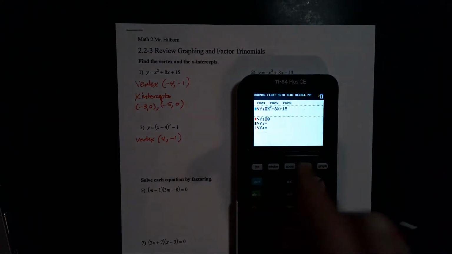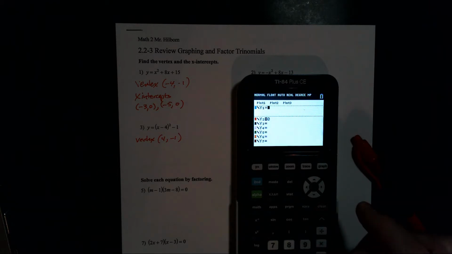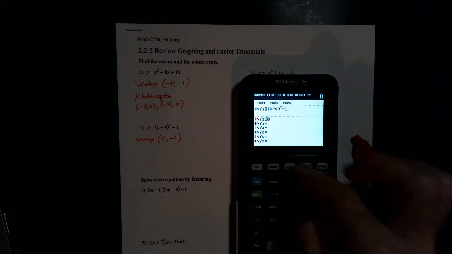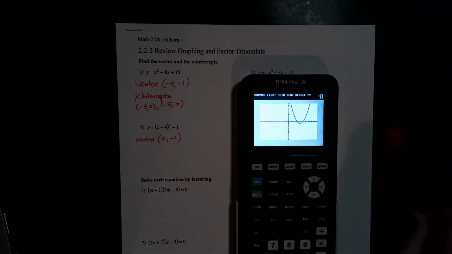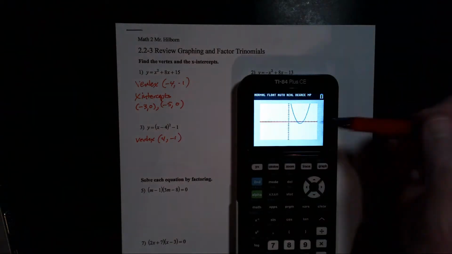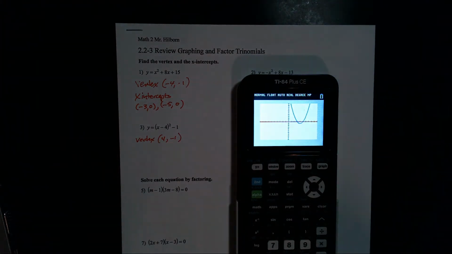So go to the y equals menu, clear out that one, and put in, just the way this appears, x minus 4 in parentheses squared minus 1. Go zoom 6. And let's do a quick visual to see if the vertex does look like it's at 4, -1, and 1, 2, 3, 4. Sure, that's right on.